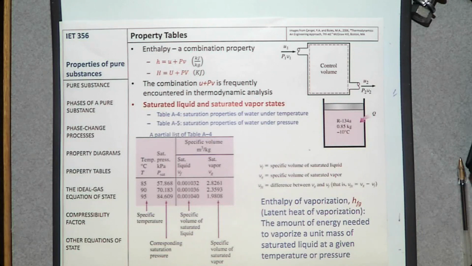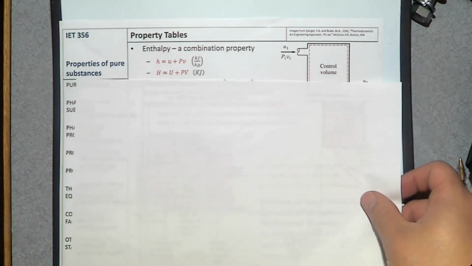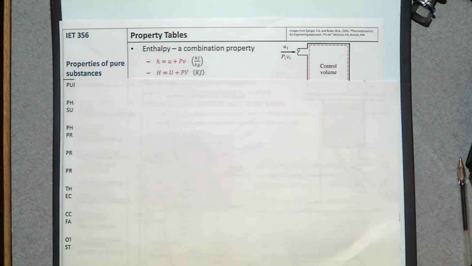It's just for your convenience. Okay? So that is H, enthalpy. That's U plus PV. So that's everything.